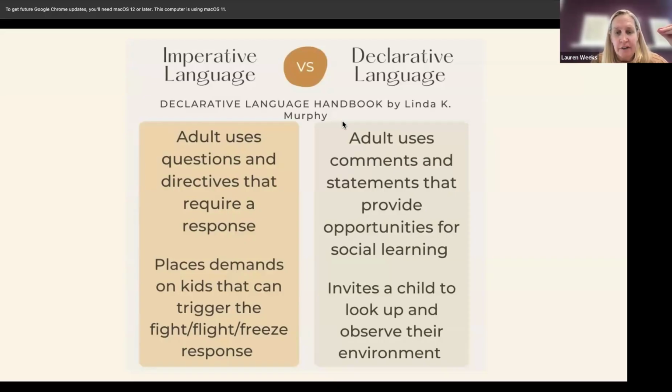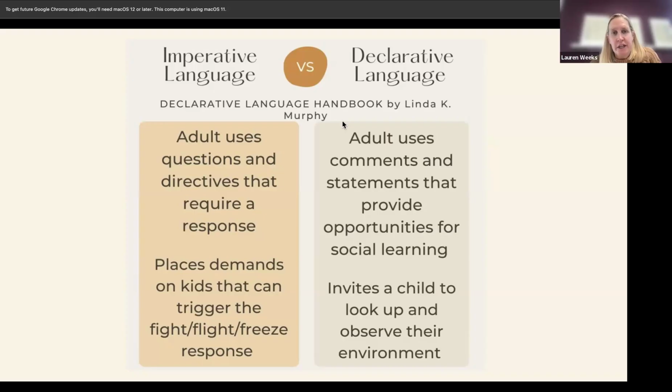Our goal is obviously that they're going to think about what we're saying and act accordingly. But a declarative statement is basically information that is thrown out there and a child has multiple options of how they're going to pick it up.